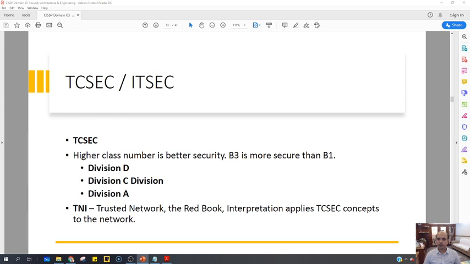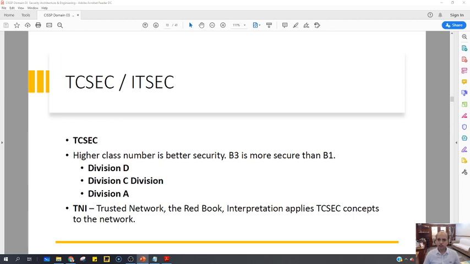The European ITSEC gave the first model on this evaluation. So any particular security product can be evaluated based on these models. They have given the symbol F for functionality. It means how well a system works in implementing security.